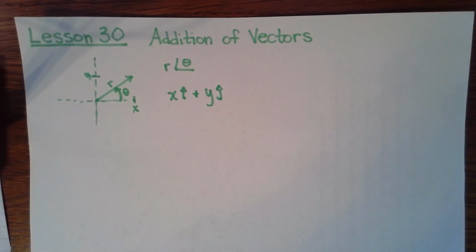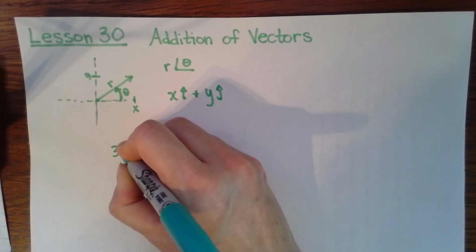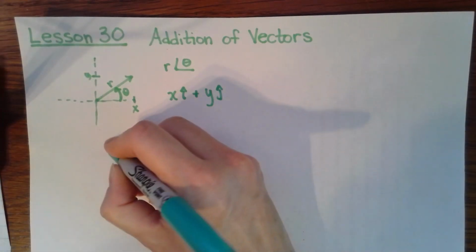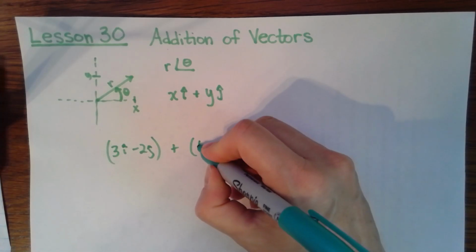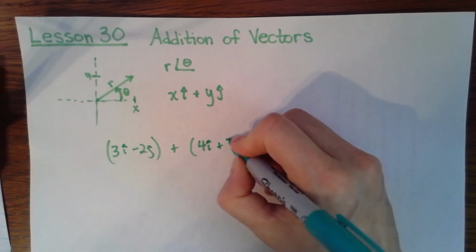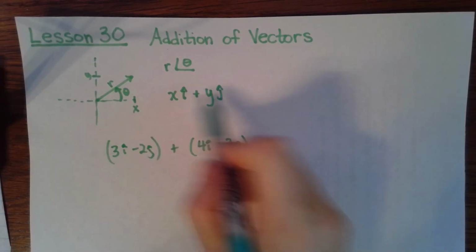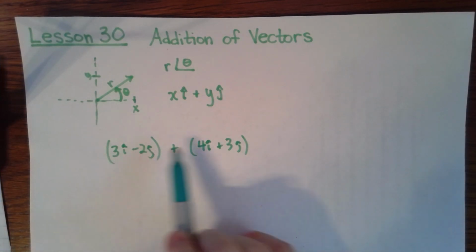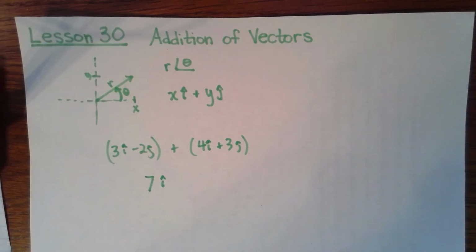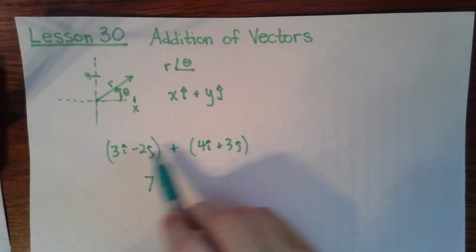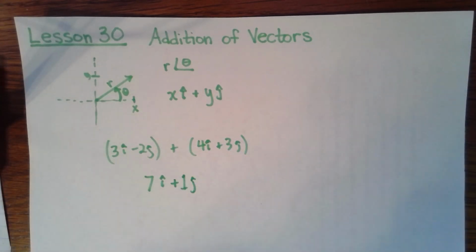Now if we had to take two vectors like 3i minus 2j, and add that to another vector like 4i plus 3j, we know that that's really easy to do when it's written out in this form, because we can just take the horizontal components, 3 and 4, add those and get 7 in the horizontal direction, and we can take the vertical components of -2 and +3 and get a +1 and just put those together.